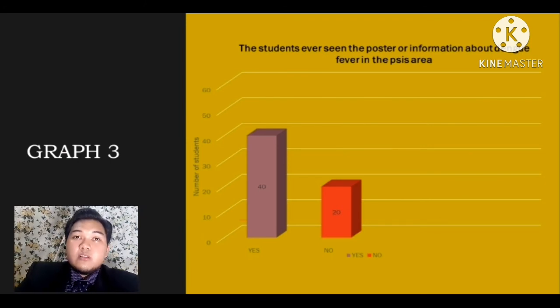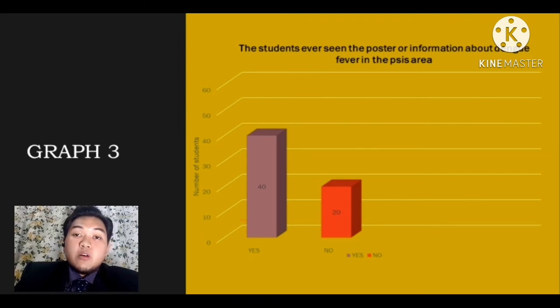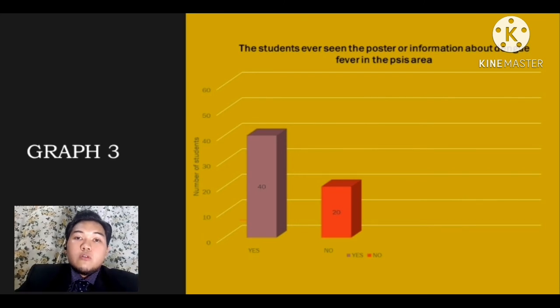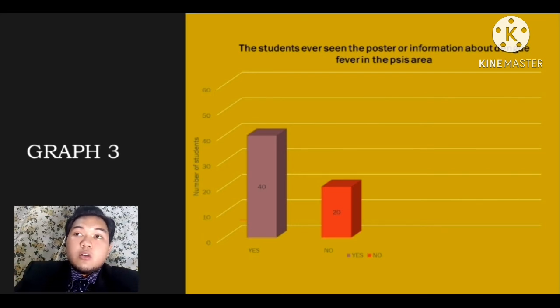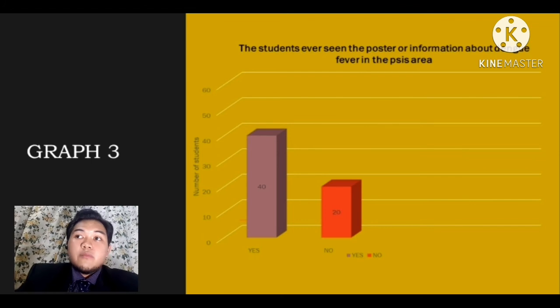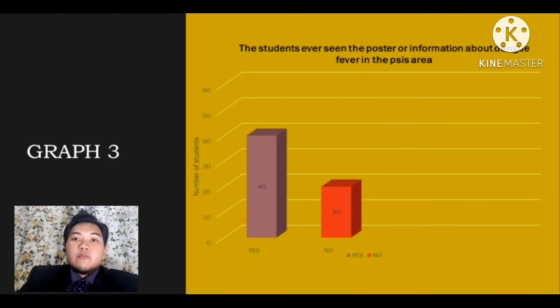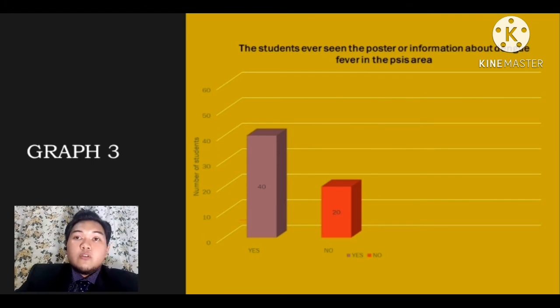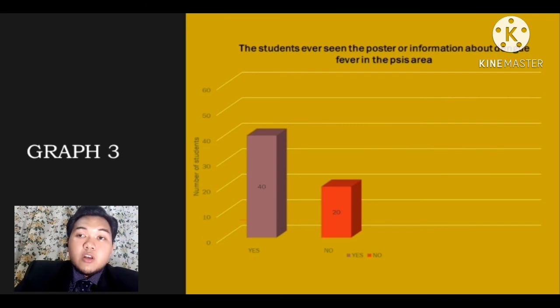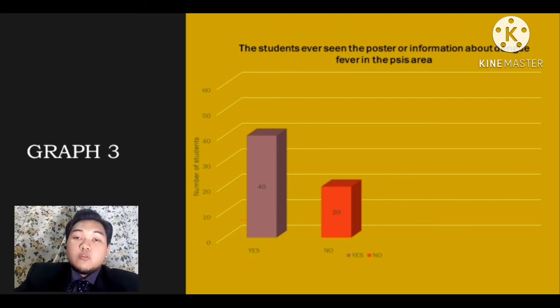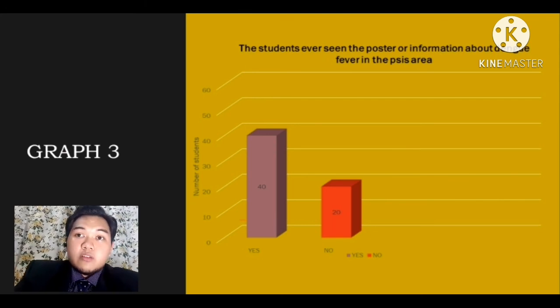The second comparison is no versus yes. The number of students who voted for no was significantly lower than those who voted for yes. It can be seen that only 20 students chose no and 40 students chose yes. It can be concluded that most of the students have voted for yes.